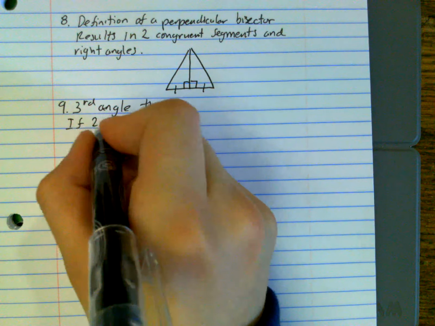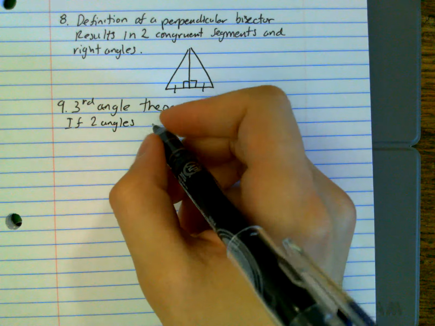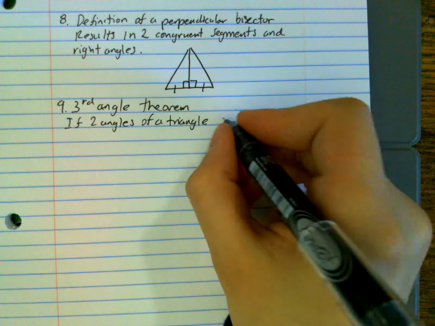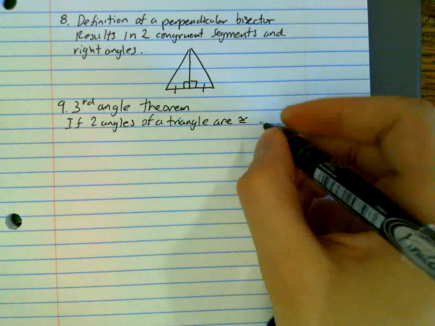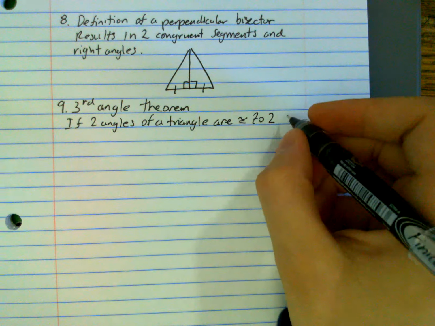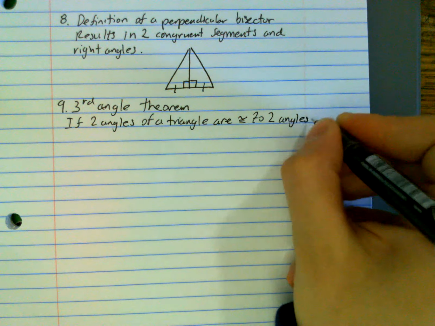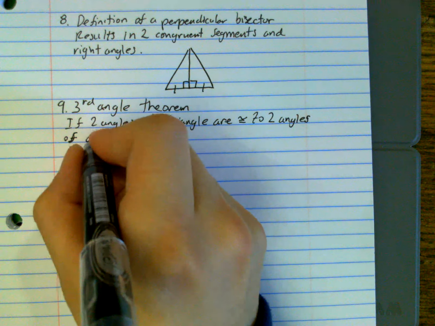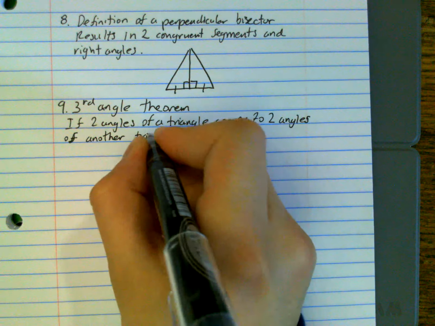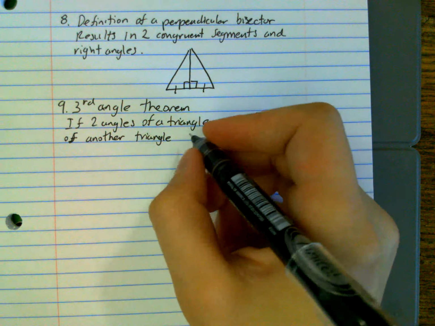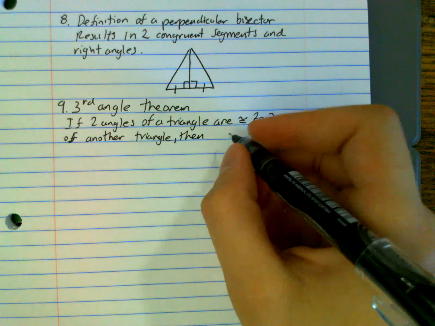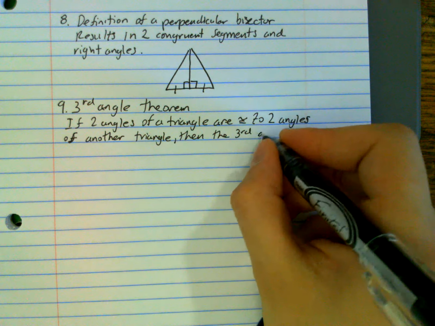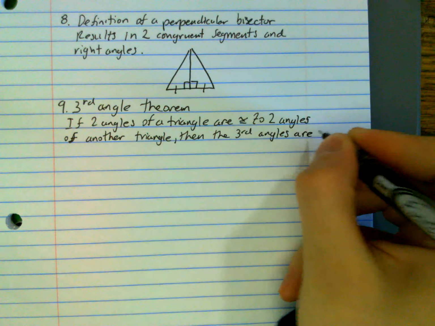If two angles of a triangle are congruent to two angles of another triangle, then the third angles are congruent.